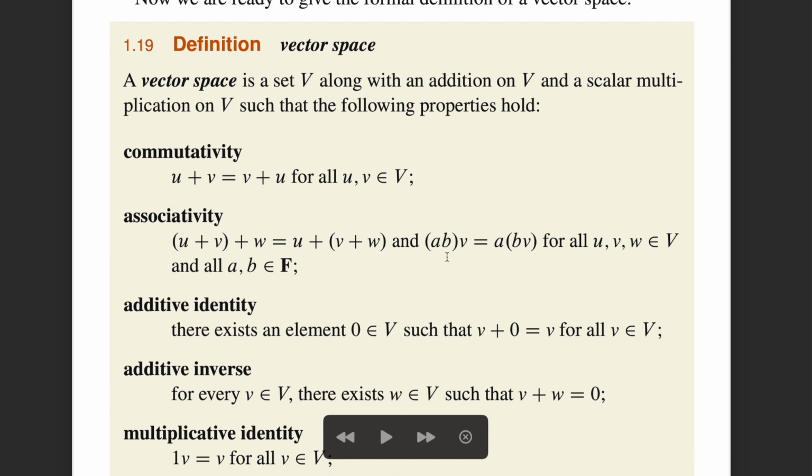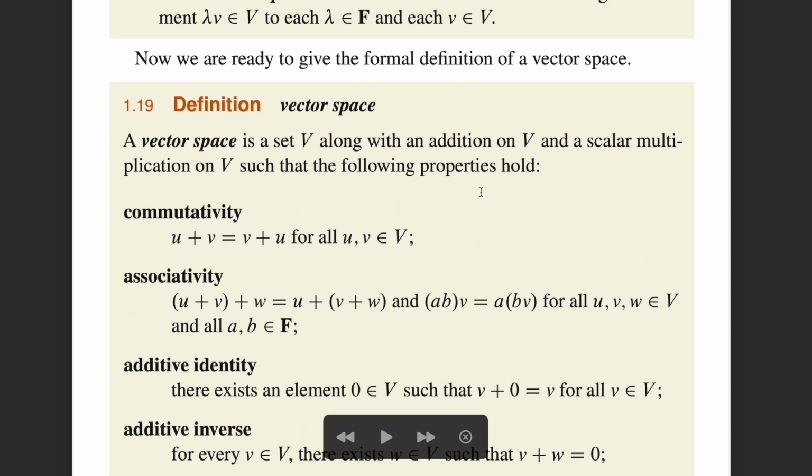Associativity also, because it is said that u plus v equals v plus u for all u, v belonging to V. Now there is no u, v that belongs to V, so we are not even checking this.